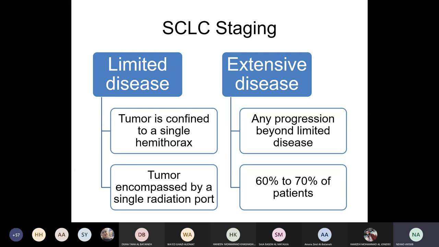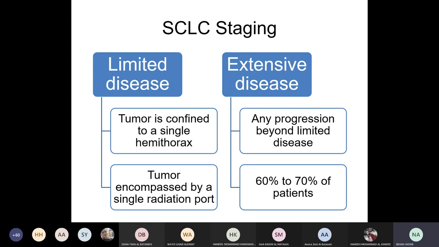Limited disease means that the tumor is confined to one mass in one of the lungs, not extensively located in both lungs, so we call this limited disease. Now more diffuse tumors, or tumors found in both lungs, are extensive disease.